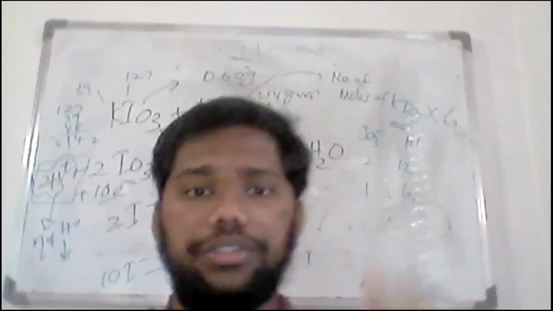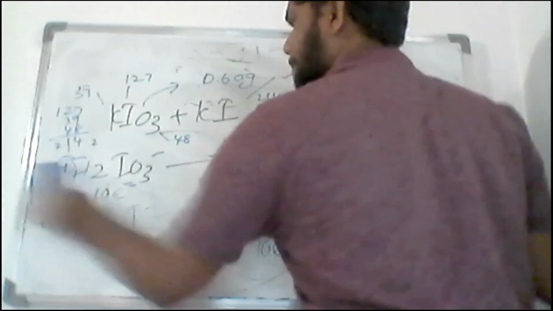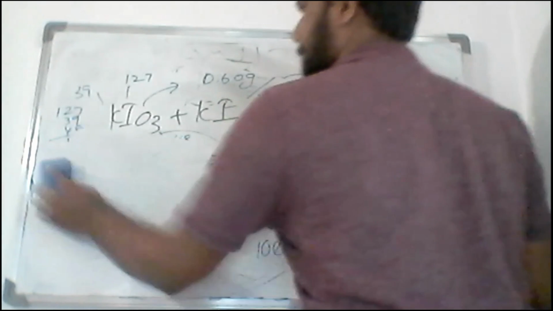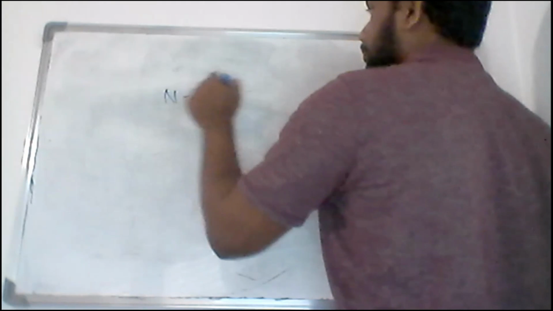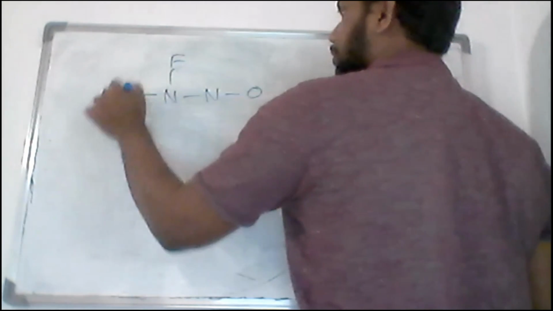So I will stop this share screen. Okay, so we have this skeleton given, and we have fluorine like this.